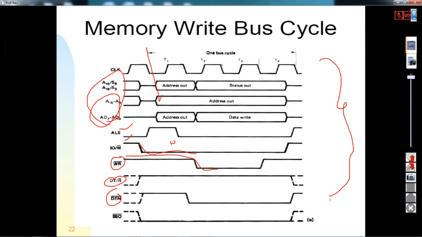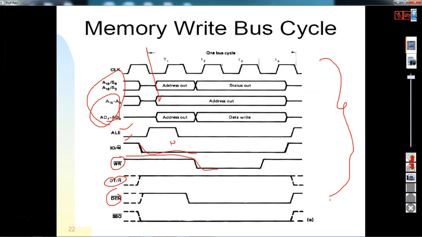So these are the signals you need to consider when the processor is doing a memory read cycle or machine cycle. So I summarize. Today we have seen the hardware details of the microprocessor, what pins are there in the 8086 microprocessor, what multiplexing is, and how to demultiplex the address bus, data bus and status bus. Then we have seen the processor works in two environments: minimum mode of operation and maximum mode of operation. Minimum mode means the processor is working standalone.